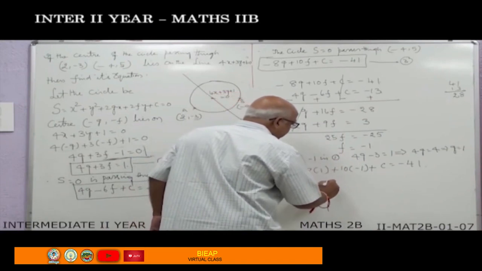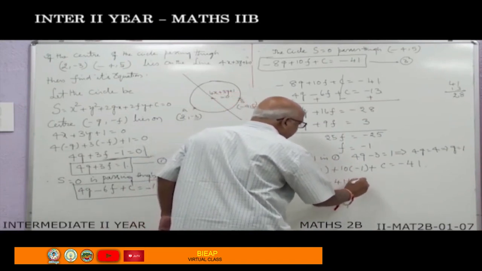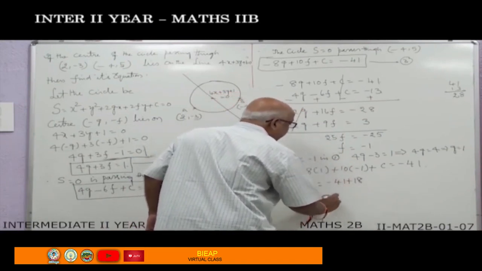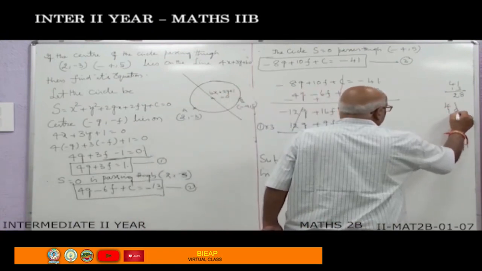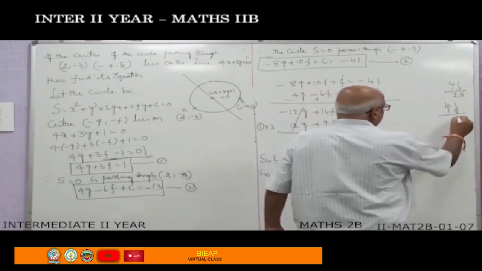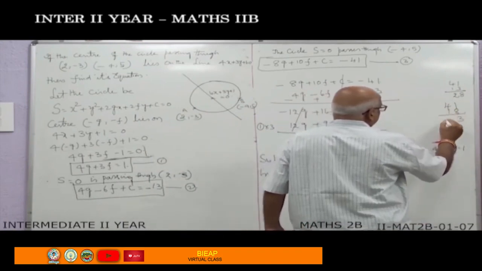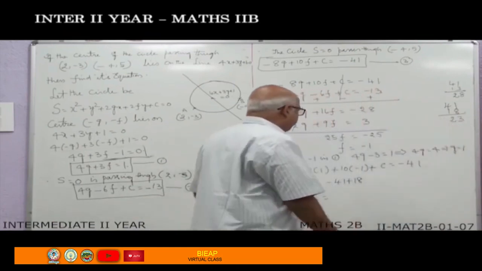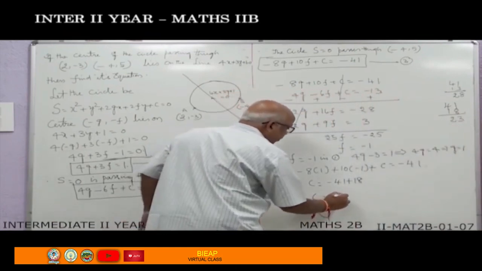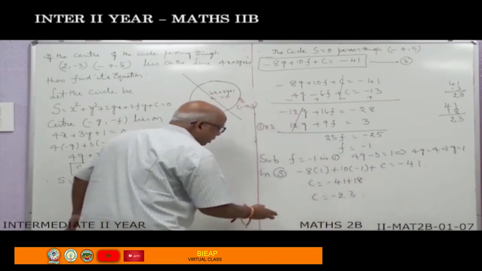Take that one to opposite side. Minus 41 plus 18. C equal to, in 41 subtract 18, maybe 23. So C equal to how much, sir? Minus 23.